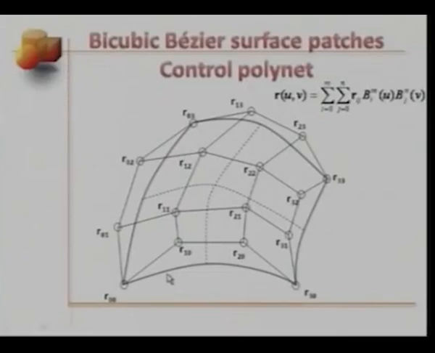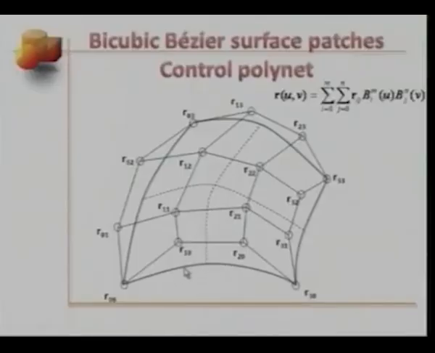Well, think about the partition of unity property of Bernstein polynomials that gives rise to the convex hull attribute. What do I mean? Well, this curve is going to be lying within the convex hull given by these 4 design points. Also, the shape of this curve will be loosely predicted by the shape of this control polyline.